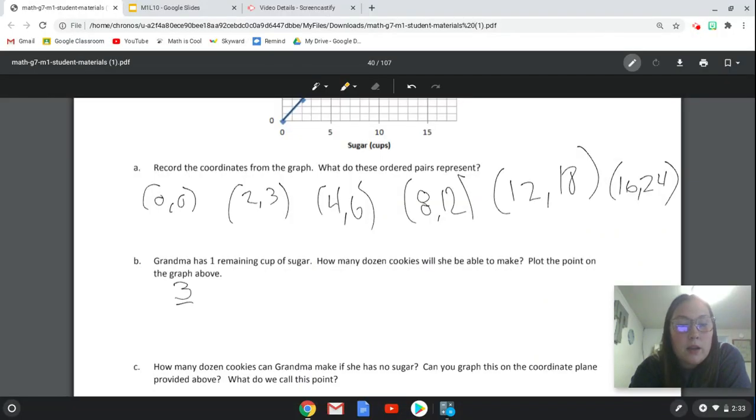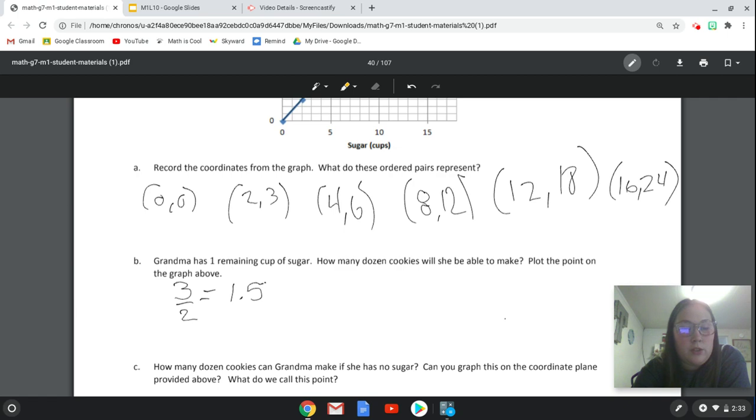So 3 over 2 equals 1 and a half, right? That's 1 and a half. And so when she uses 2 cups of sugar, she gets 3 dozen cookies.